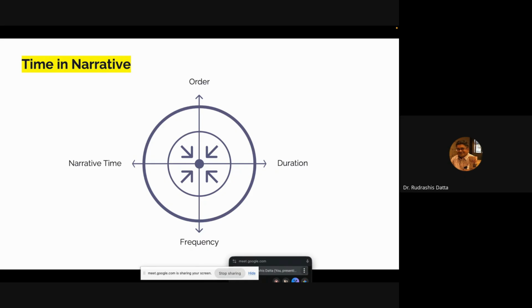Right? So, in a narrative, time can proceed either forward or backward, depending on what perspective the writer or the director in a film, for example, wishes to focus.